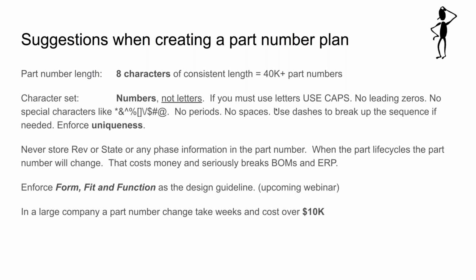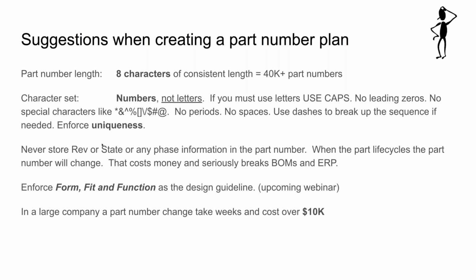Something to consider. Keep in mind always that the dash is never part of the part number. The numbers are the part number. And of course, you always want to use some tool that will let you enforce uniqueness, whatever you're using. Duplicate part numbers is not a good thing.